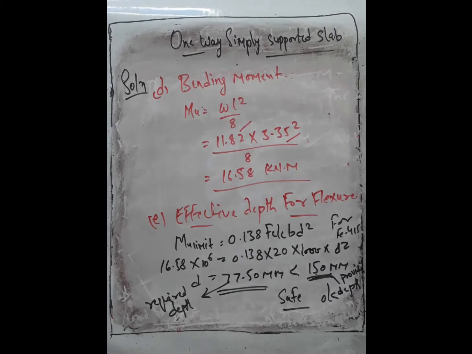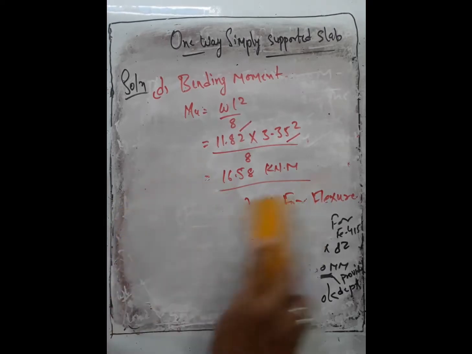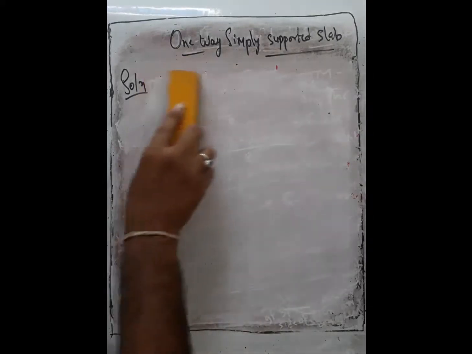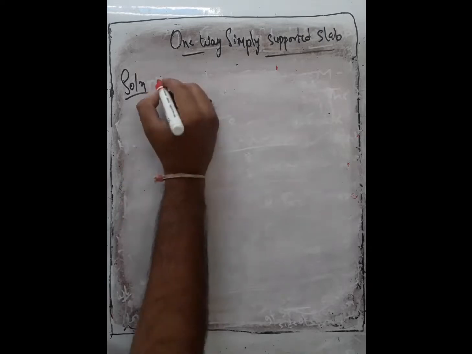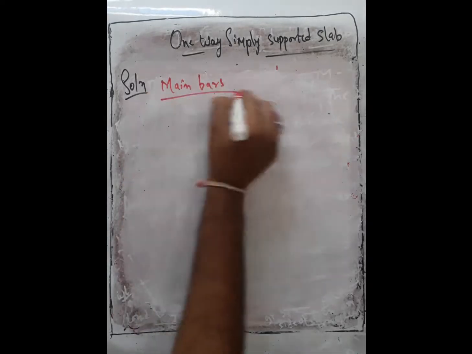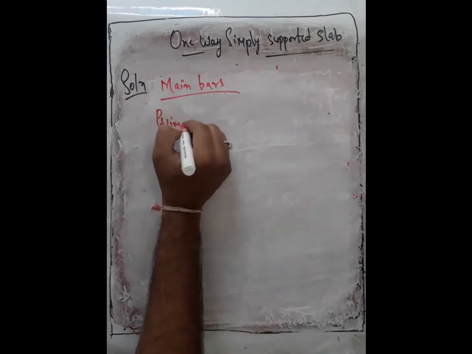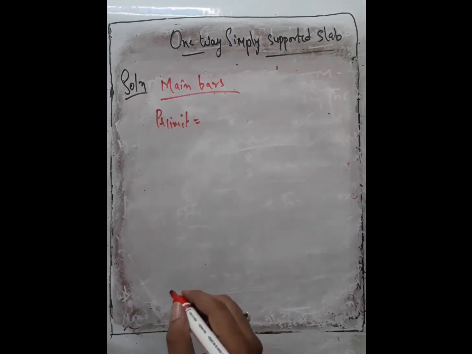Now we have to find the main reinforcement and distribution reinforcement. For finding the main reinforcement and distribution reinforcement, we have one formula which we call the PT limit formula. With the help of this formula we directly find the Ast.